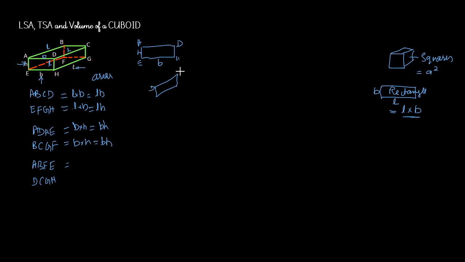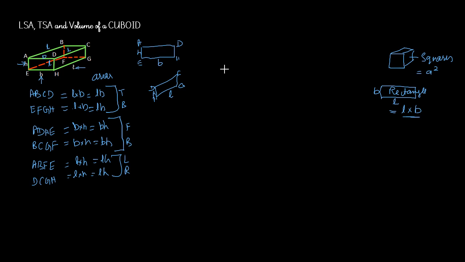If that is D, C, G, H, I have this as L and this as H. To find out the area, I multiply this times this, L into H. So both of them are going to be LH. So what I've done is I've written the areas of all the faces. This one is top and bottom. These are front and back. These are the left and right sides.